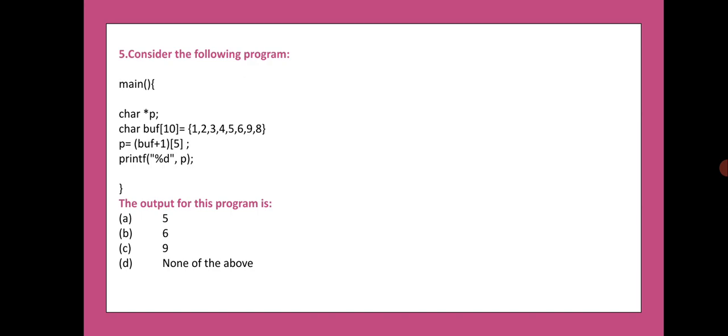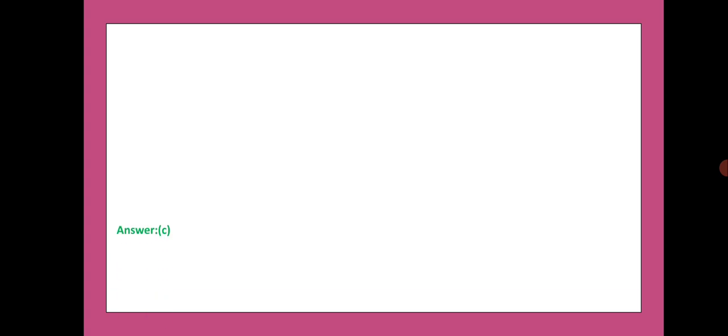And the type of the expression is altered to pointer to t. That means buff + 1 of 5 will be altered to pointer buff + 6, or buff[6] of size 6, right? What is the sixth element then? The sixth element here is 9, hence the answer should be 9, C.